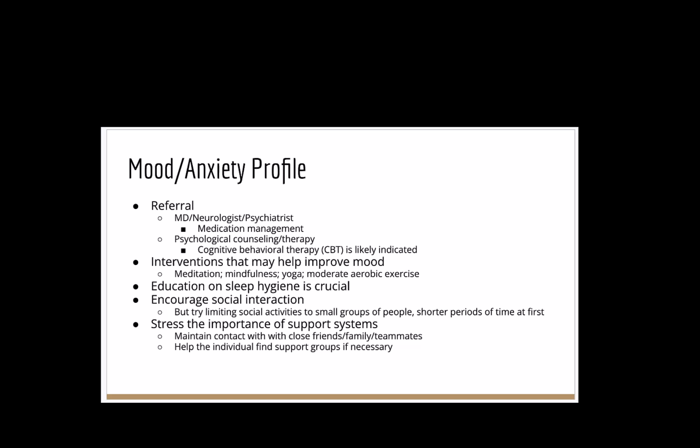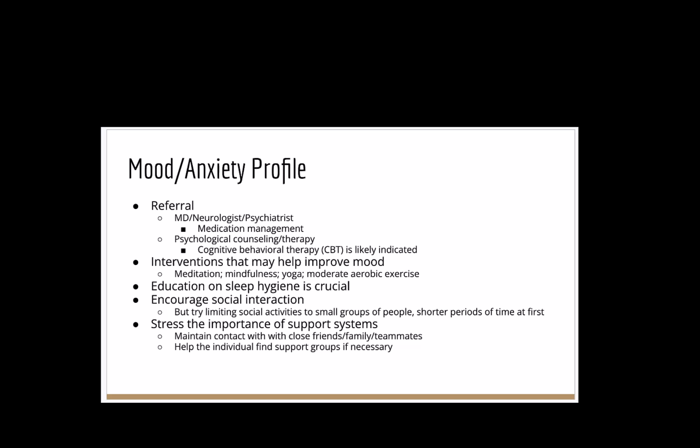Also remember back to when we talked about this profile in general: this is the individual that tends to withdraw, so they're trying to find ways to isolate themselves. So you want to encourage social interactions and stress the importance of support systems.